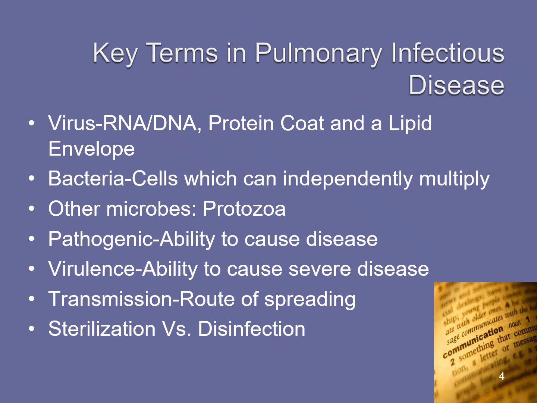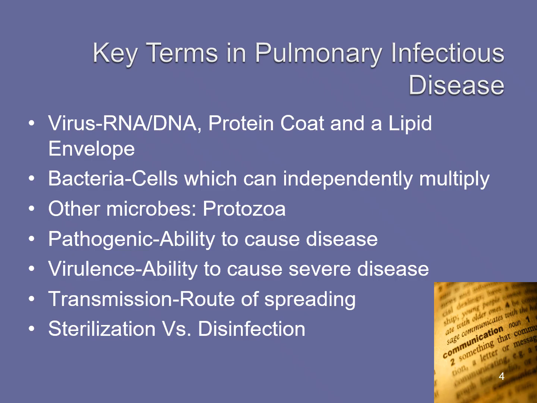Now let's take a look at some key terms when we're focusing on pulmonary infectious disease. We have a virus, one type of microbe, which is really a simple, potentially deadly, but fairly simple microbe. It's an RNA or DNA strand with a protein coat in a lipid envelope. It in and of itself cannot multiply.